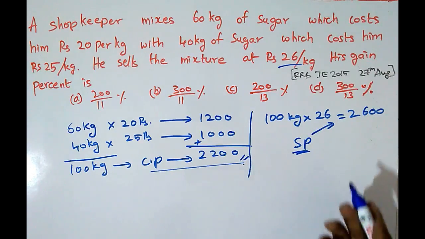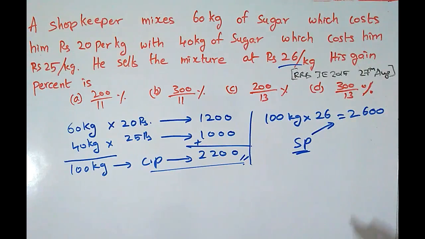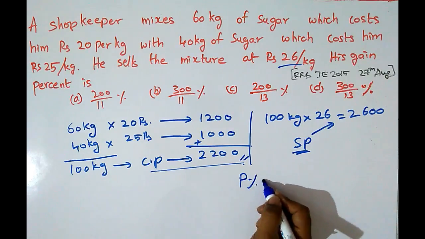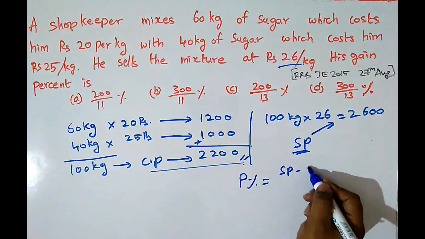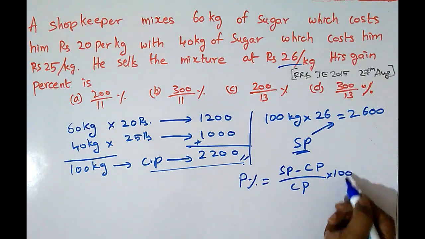This is the cost price. Now you can see that the selling price is greater than the cost price. So the gain percentage or profit percentage is given by (SP minus CP) divided by CP into 100.